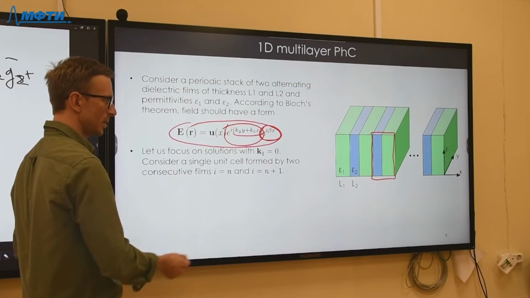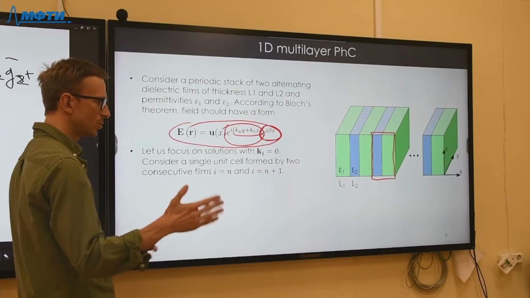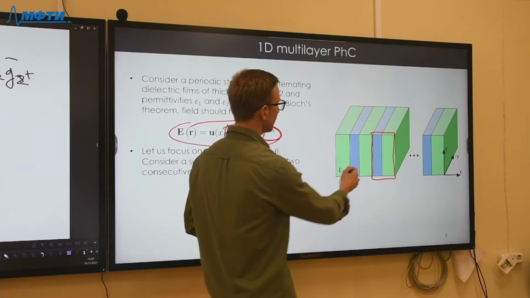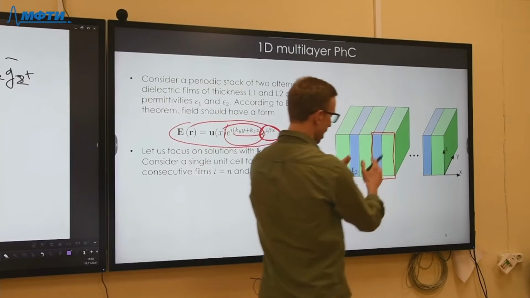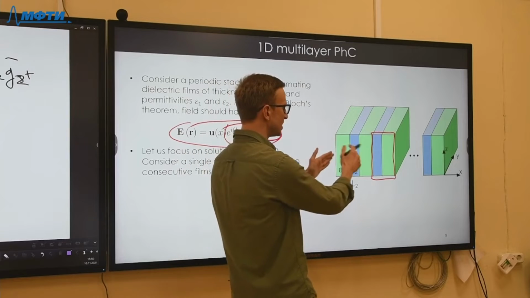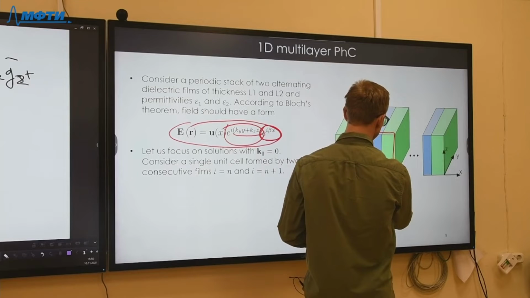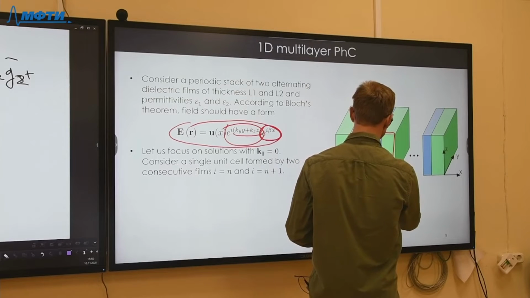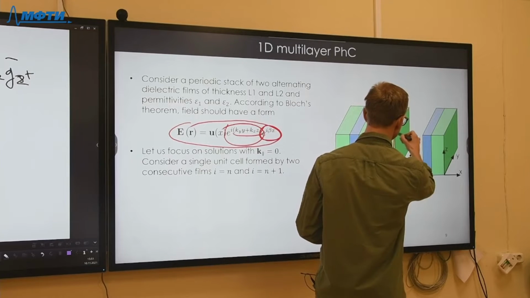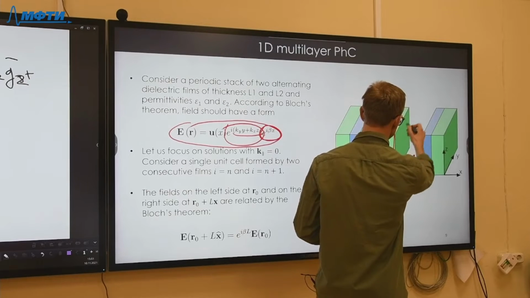And as you remember, when we are using the transfer matrix framework, it is very important whether we include an interface to the next film or we don't. And because I want this unit cell to describe only one primitive unit cell of the structure, I don't want any repetitions here. So I'm going to include this interface between n-1 and n, but I'm not going to include this interface, which sits right next to this film.